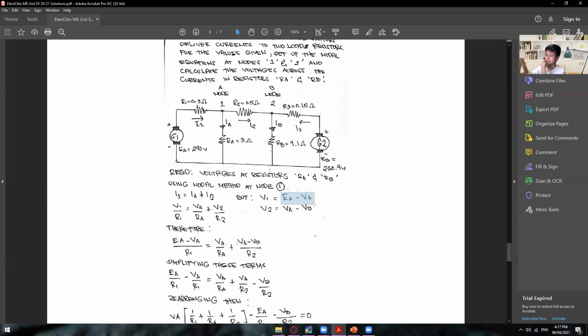How did I come up with EA minus VA? So this is our EA, and this is our V1. EA minus V1, but why is that VA? And V2 right here is equal to VA minus VB.